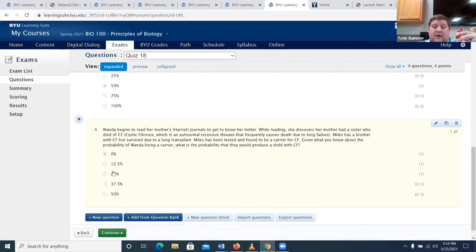Because it's 50-50, it's equal, right? So we could do a Punnett square where Wanda is a carrier and a Punnett square where she is not. And that would give us 8 potential options. And 2 out of those 8 would end up with a child that has cystic fibrosis. And so I would do the problem, it would be 12.5% here.